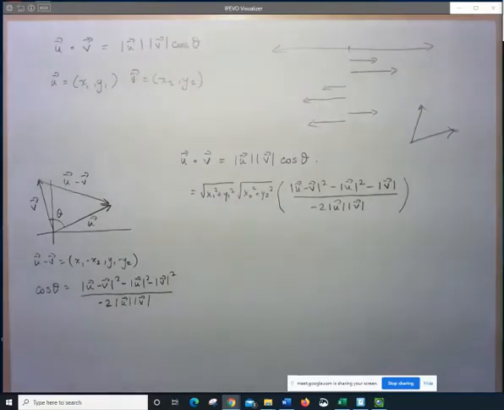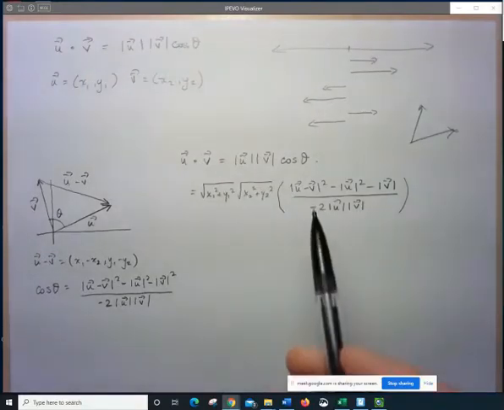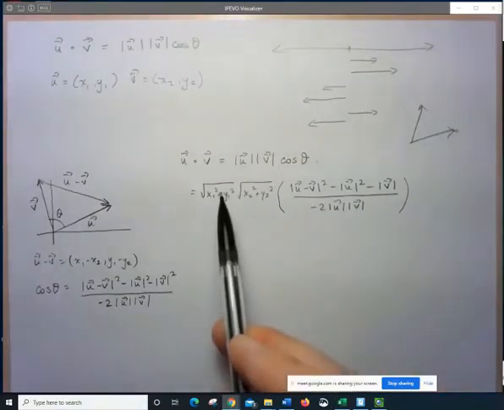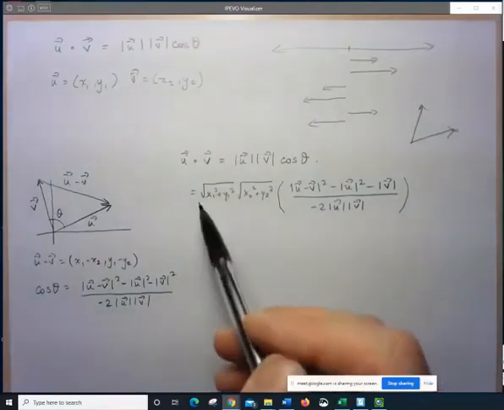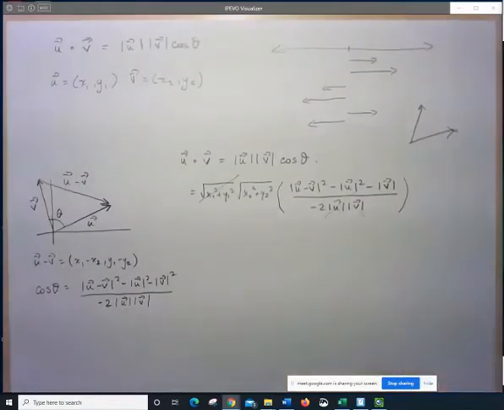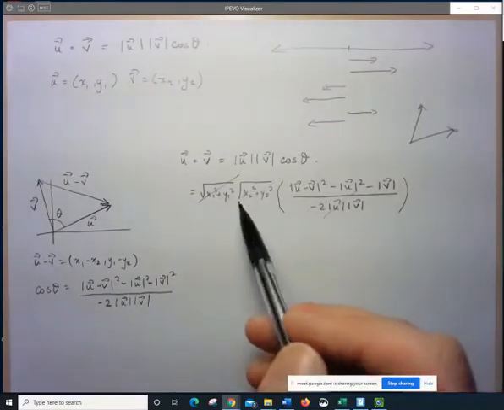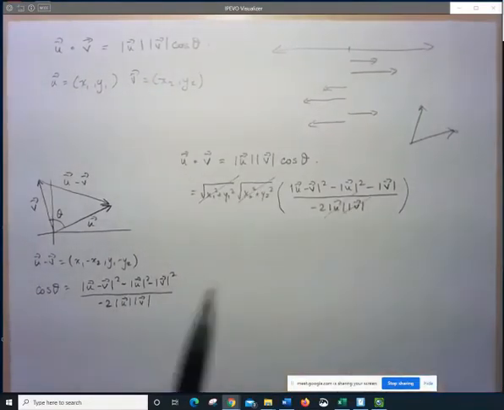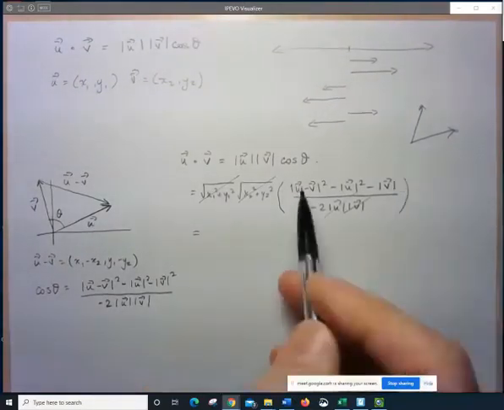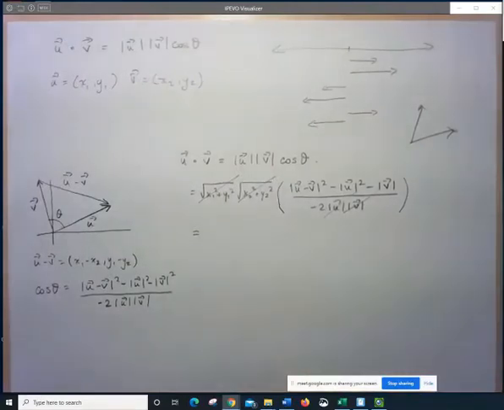Can somebody see what very nice algebraic thing happens? The denominator cancels out. There you go, or at least certainly most of it, because you realize, hey, wait a minute, this is just the magnitude of u. I didn't even really need to write that out. There you go, it cancels out. Here, same thing. This is the magnitude of v in the numerator, which cancels out with the magnitude of v in the denominator. So what I'm left with is this expression over -2.